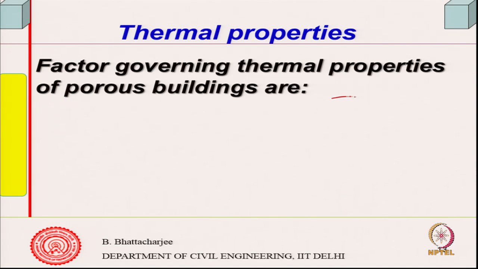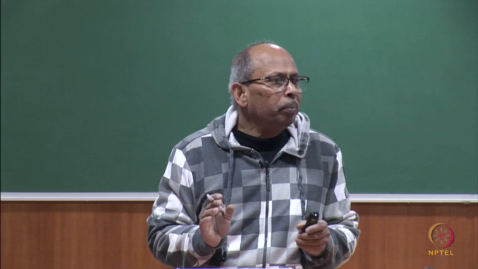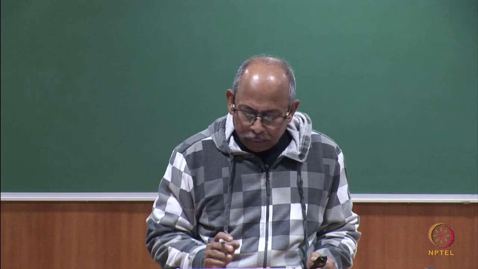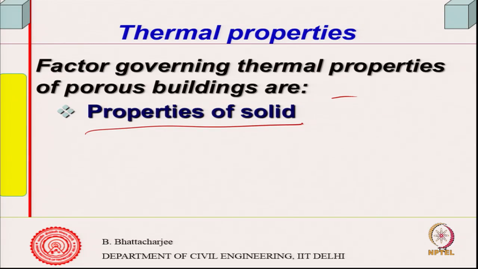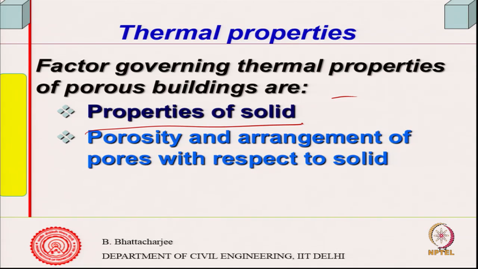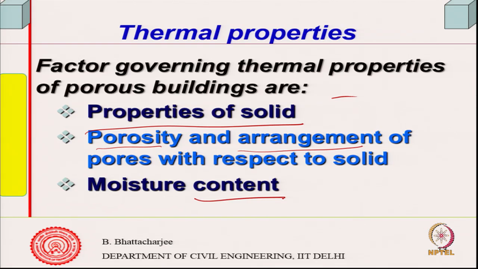All right, the factors which govern the thermal properties or thermal conductivity, because most of our materials are porous. So, we have solid and we have some pores, and porosity and arrangement of pores with respect to the solid is important. We shall see how the arrangement works, and this is very important: moisture content.